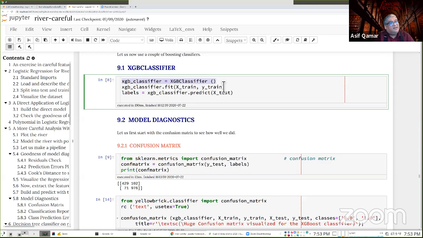You're creating an XGB classifier, extreme gradient boost classifier, rather than an SVM or a random forest and so forth. Everything else remains the same. This is something very nice about scikit-learn and modern libraries. They help you interchange classifiers very transparently, very easily. You can plug different classifiers into your model.